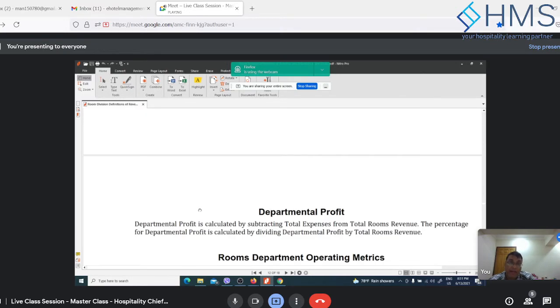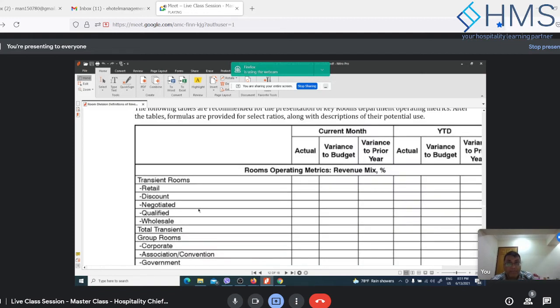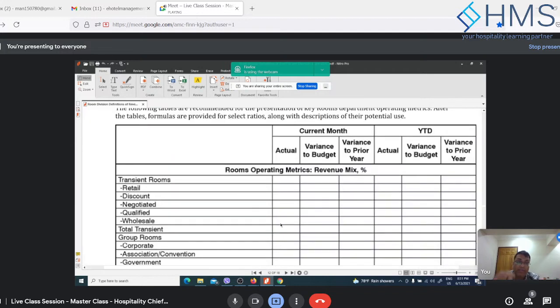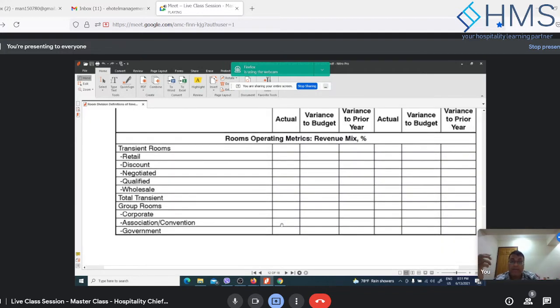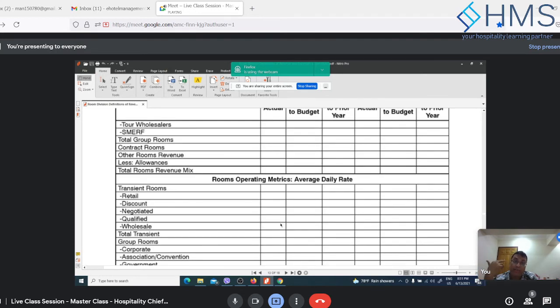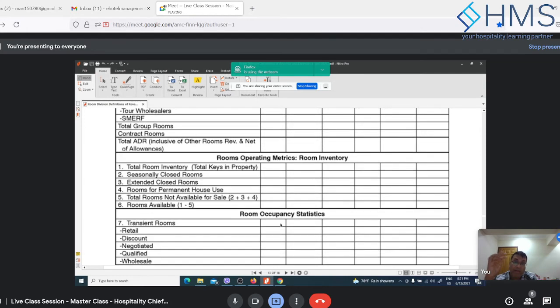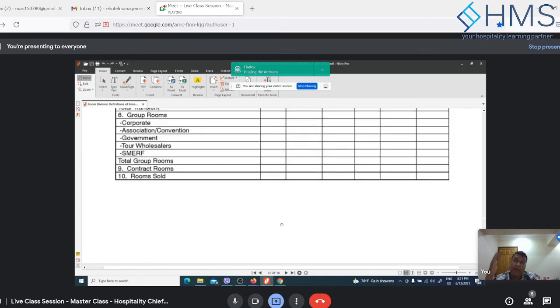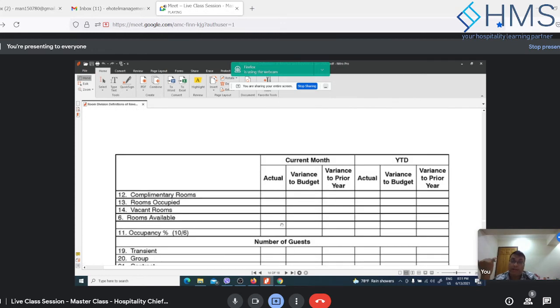And then we have the other operating statistics as a part of your metrics. You might have seen these statistic reports in your daily revenue report, which shows the revenue mix for each room segment. These are the revenue plus the ADR and also the rooms. So you have all the types of occupancy statistics by market segment, so that you can analyze your rooms revenue in more detail by revenue segment, by occupancy, and also by the ADRs, right?